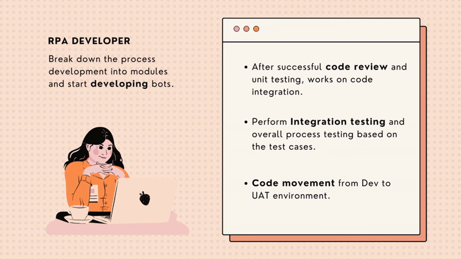Then the RPA developer performs integration testing and overall testing based on the test cases provided by the business user or analyst. Then the code movement from dev to UAT environment has to be performed.